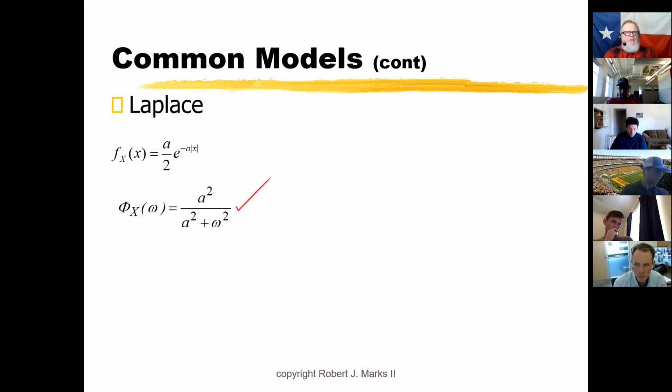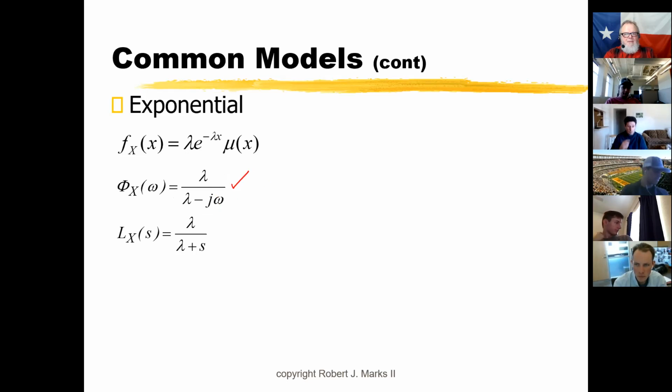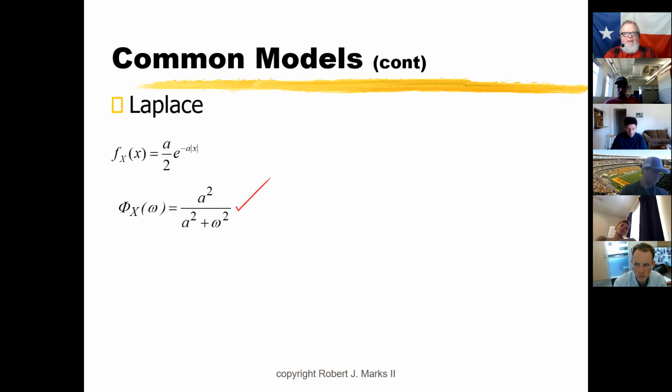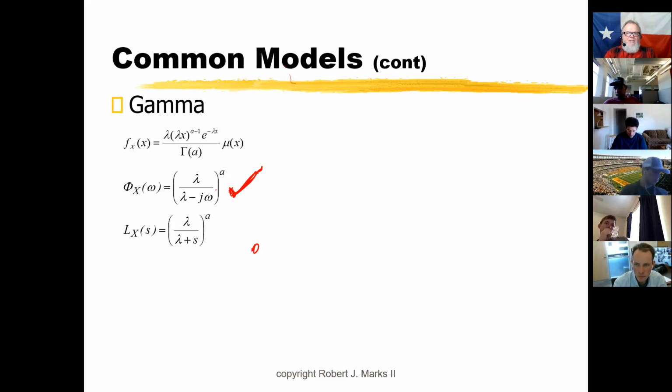What's the characteristic function for the exponential? Lambda over lambda plus j omega. Here we have the same thing except raised to the 8th power. So if one adds up a bunch of exponential random variables, one is going to get a gamma random variable, which is kind of cool.